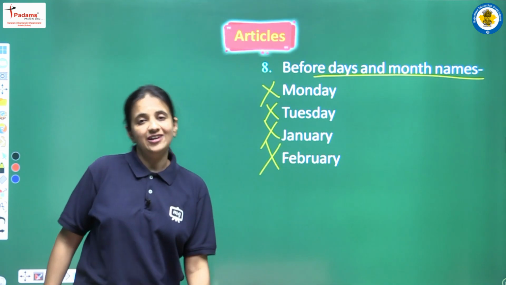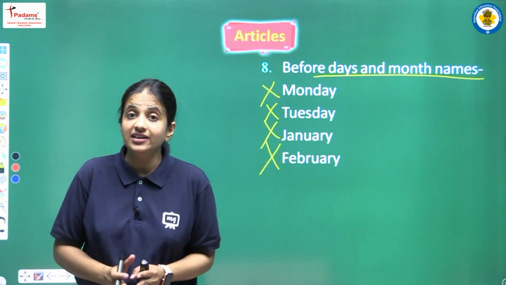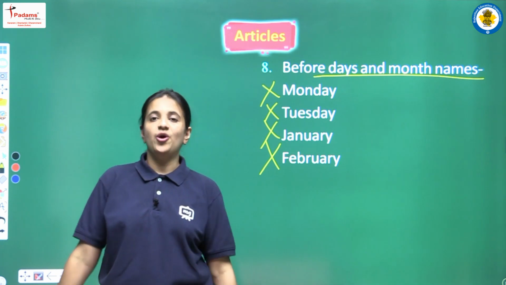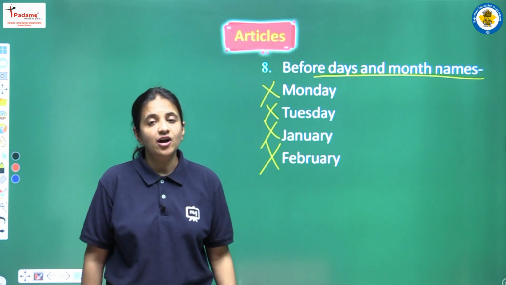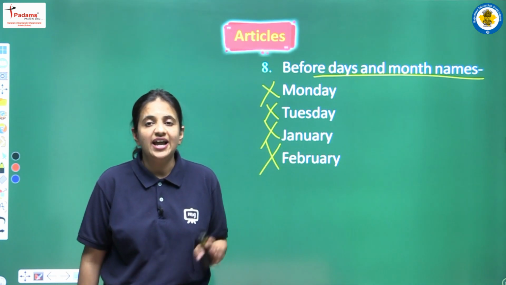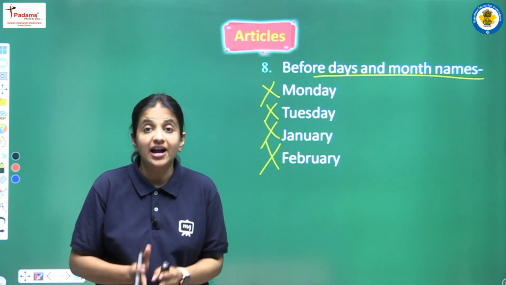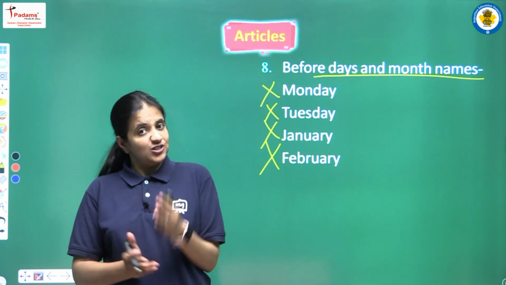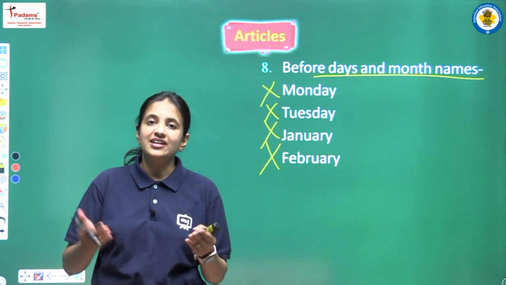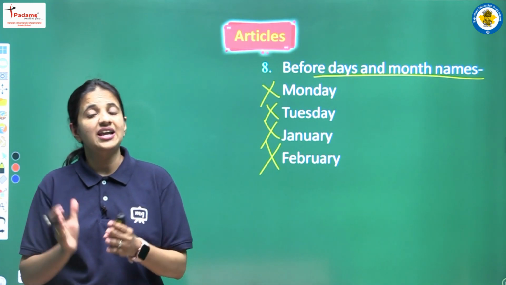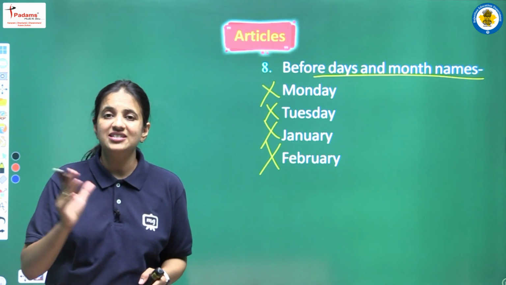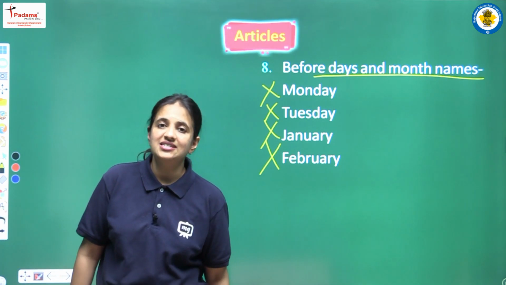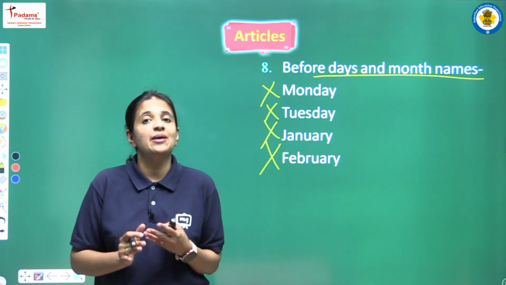So this point in which we have discussed no article is a very important point, because in our exam we can have such words before which we cannot use any article. So you have to be very careful after reading the word. First of all, you have to decide whether we can use an article or not before such nouns, and only then will you decide which article is the most appropriate.